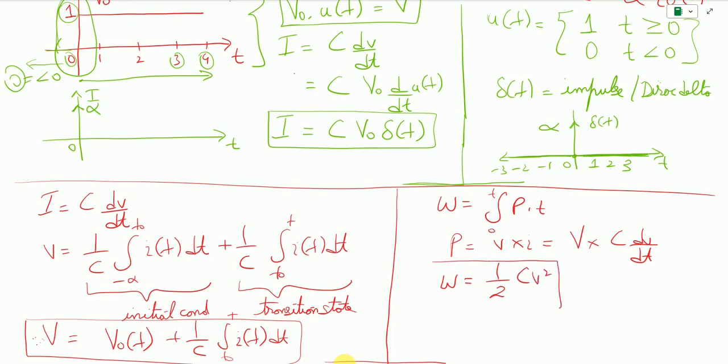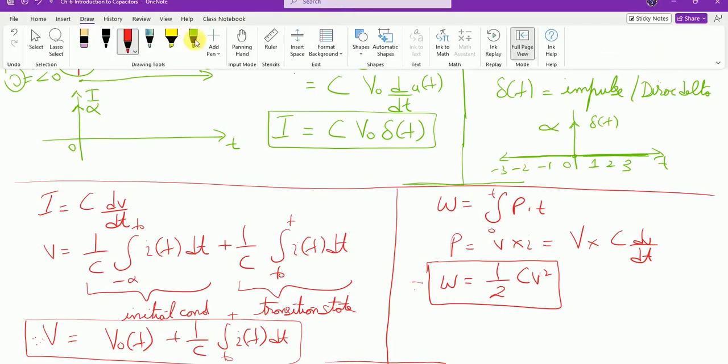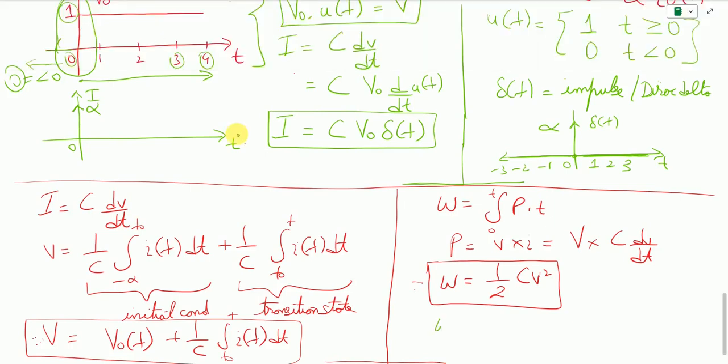This is the important equation that we need to know: to find the energy of any capacitor, it is going to be half CV square, and the equation is almost similar to what we saw with the inductor. For the inductor case, the energy was half Li square. So you can see the similarities between the storage devices.